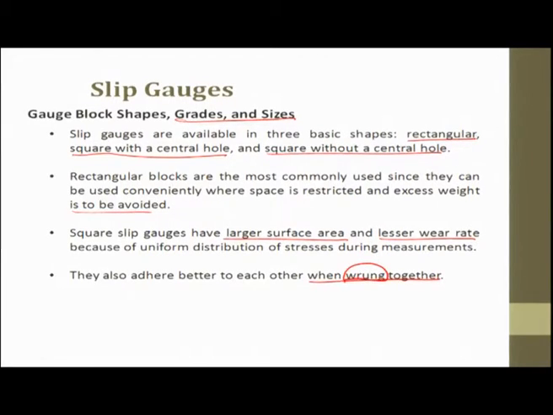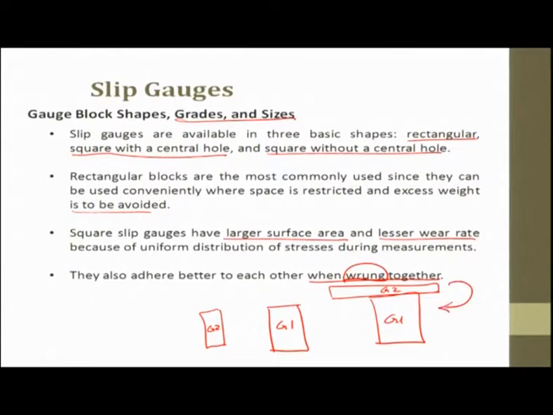Wringing is an operation. What we do is take a block, and take another block. This is gauge 1 or block 1, this is block 2. Then we place G1 and place G2 on top of it, and then we swivel it about its center line, and then G1 and G2 are made one above the other.